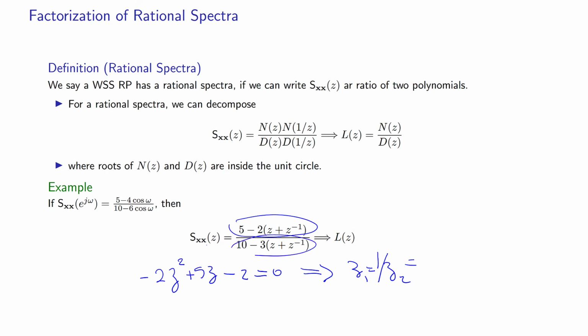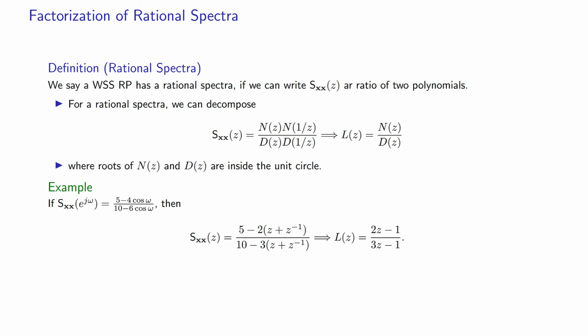Then you do this for the denominator too. So you find the poles and roots, and then you allocate whatever is inside the unit circle. If you calculate the root of this one, z1 becomes equal to 1/2, which is inside the unit circle, and p1 is equal to 1/3, which is inside the unit circle.